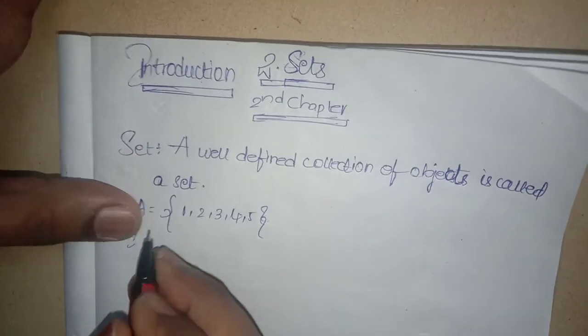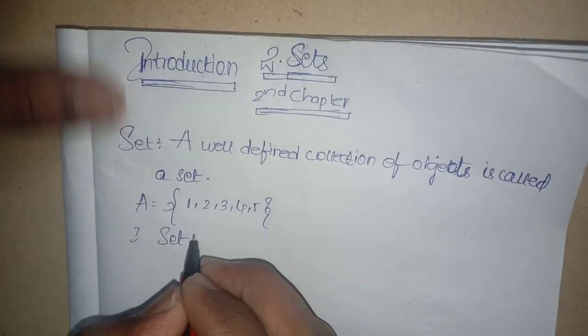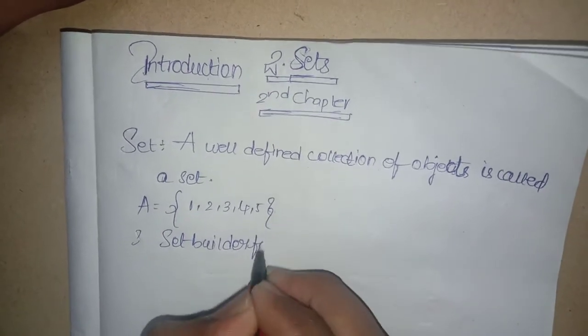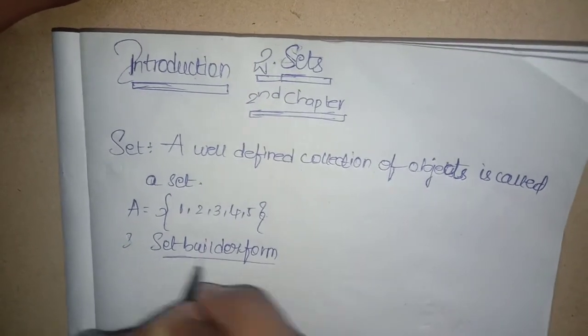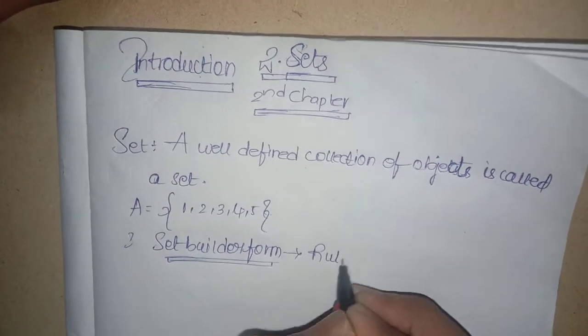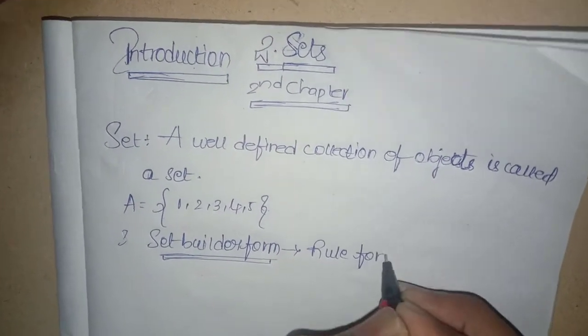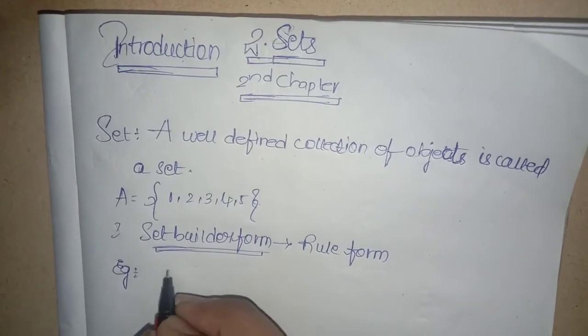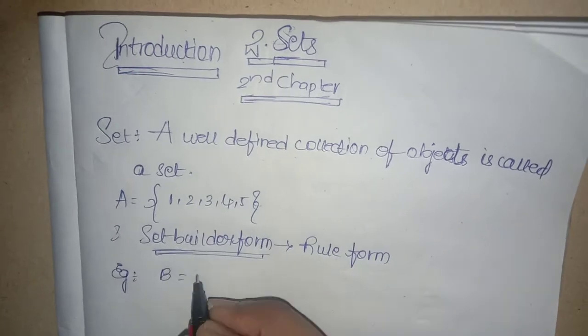First is set builder form. It's also called rule form. An example for that: B is a set.